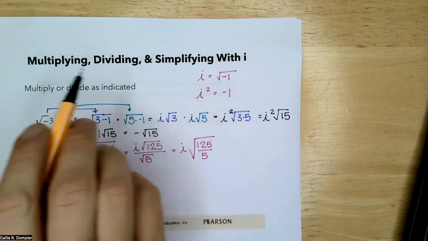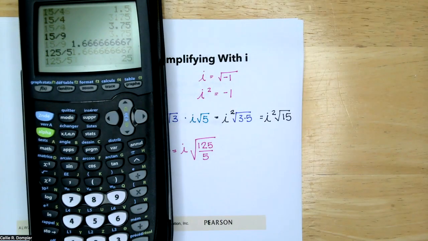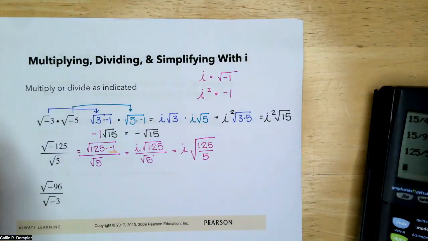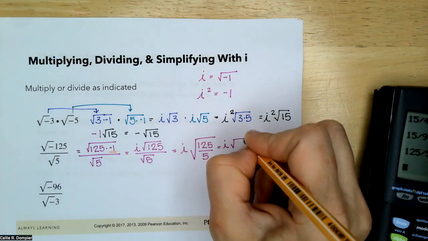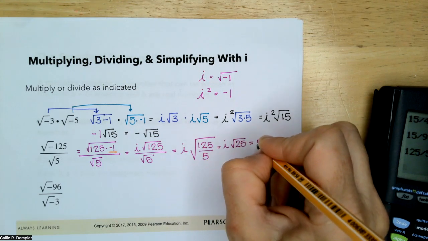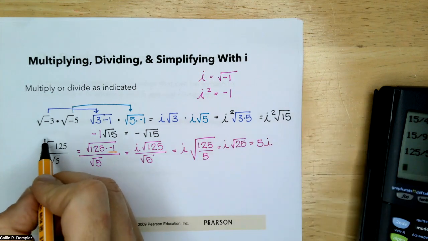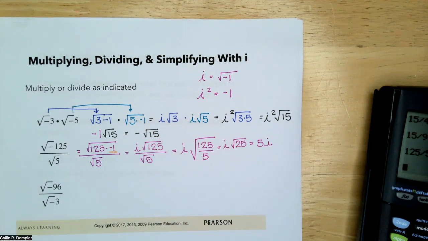So now I can just put into my calculator 125 divided by 5 is 25. So that is i square root 25. The square root of 25 is 5, so my final answer for the square root of negative 125 over the square root of 5 is 5i.